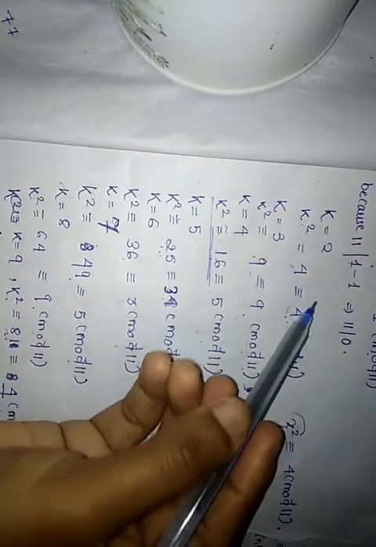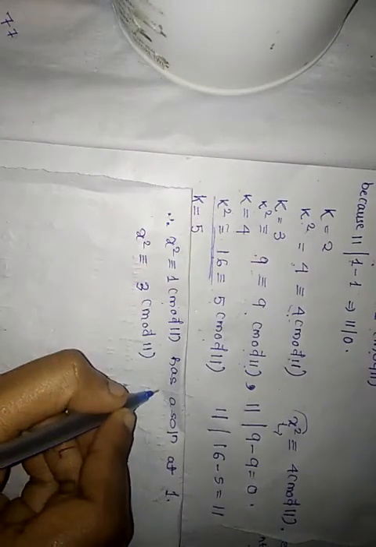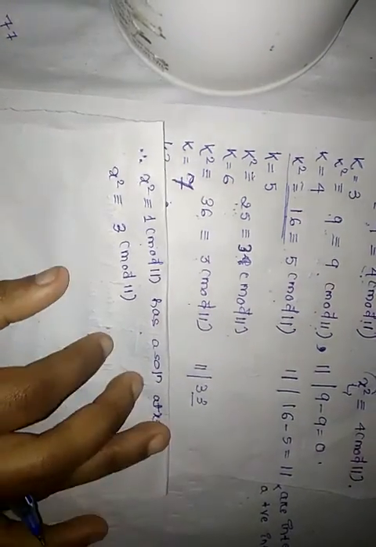Okay, hence from here, by putting k equal to 1 up to 10, we are clear that x squared is congruent to 1 mod 11 has a solution at x equal to 1. Okay.